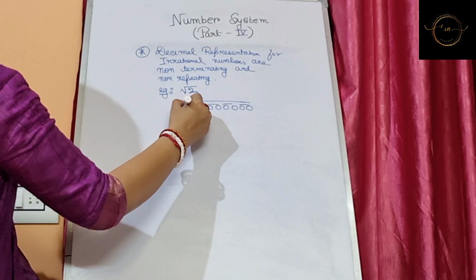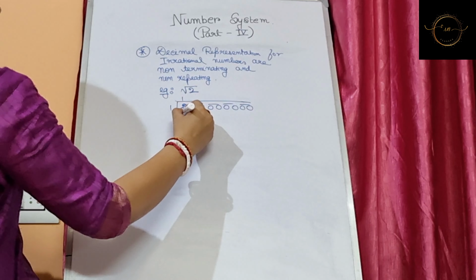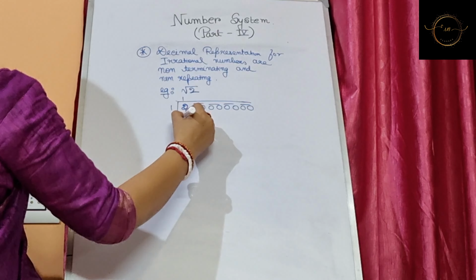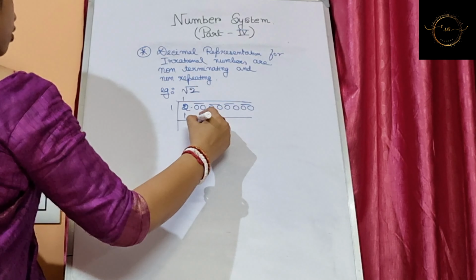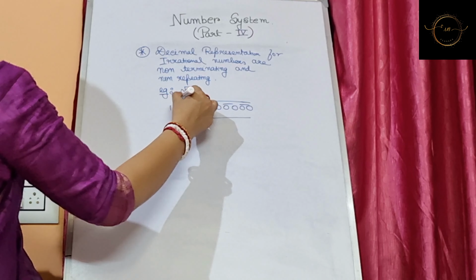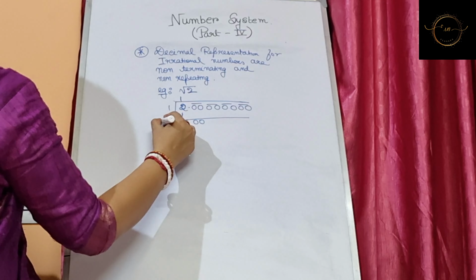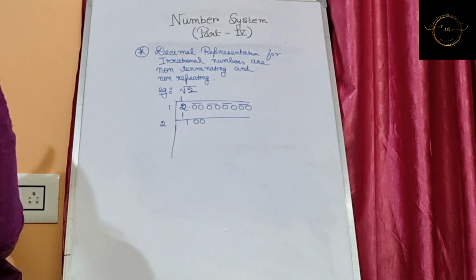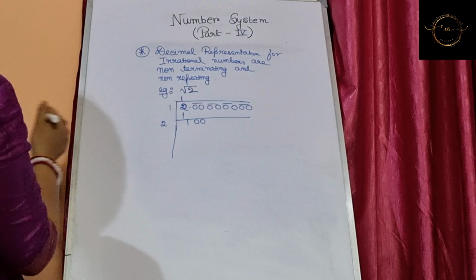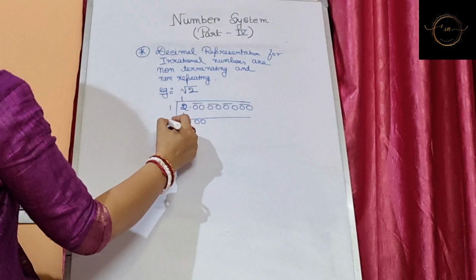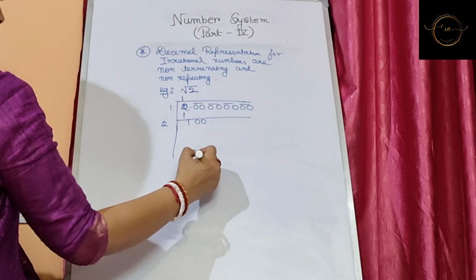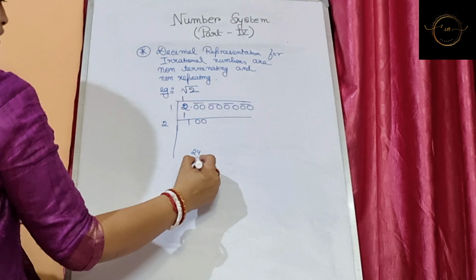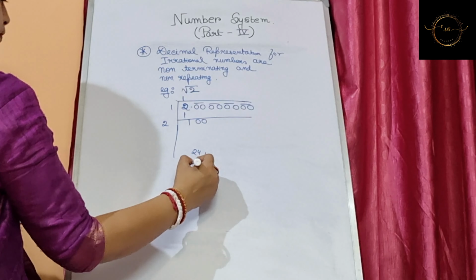Now what is the first number here? 2. We can write this as 1, 1 ones are 1. This is 1 upon 0, 0. This is 1 in the quotient, multiply 2 will be equal to 2. Now 2 into what number should be written over here? If I find 24 into 4, it's coming 4 4s are 16, 8 plus 1 is 9.